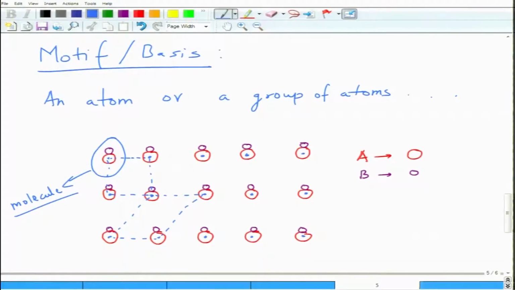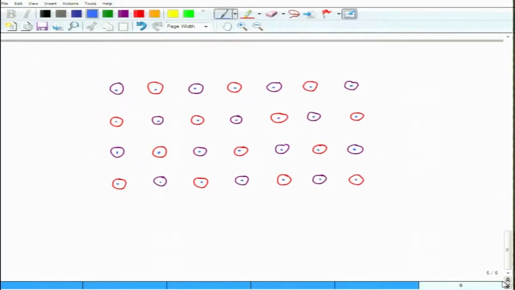So these are two examples of the smallest unit cells. In this case, what is the scenario now? Is the smallest unit cell the same as before, this one, or is it this one?